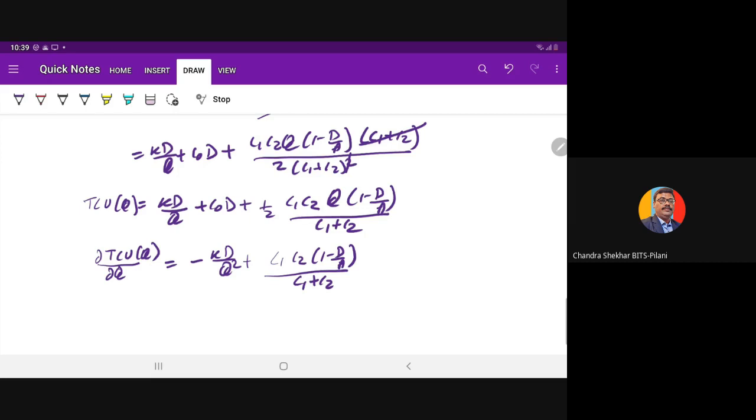And we know that the first derivative for the optimal must be 0.